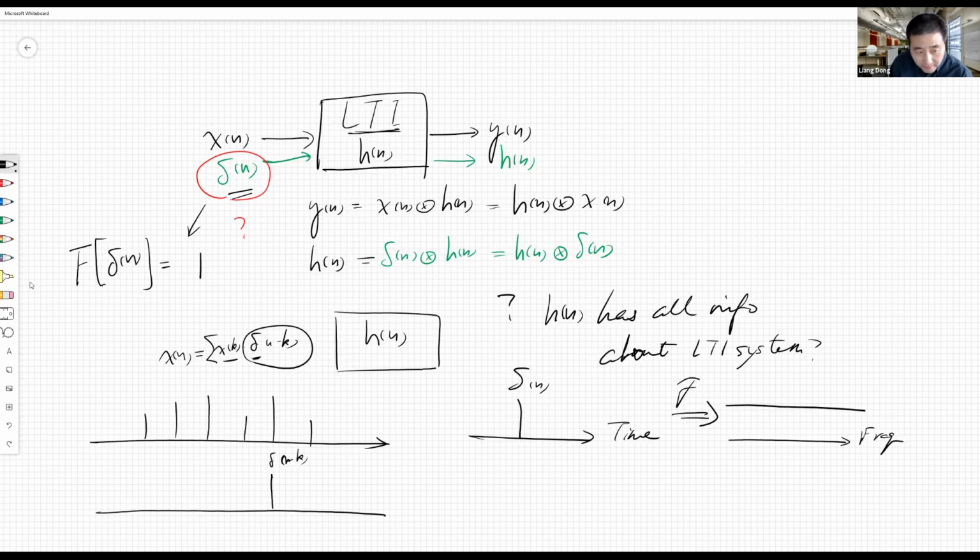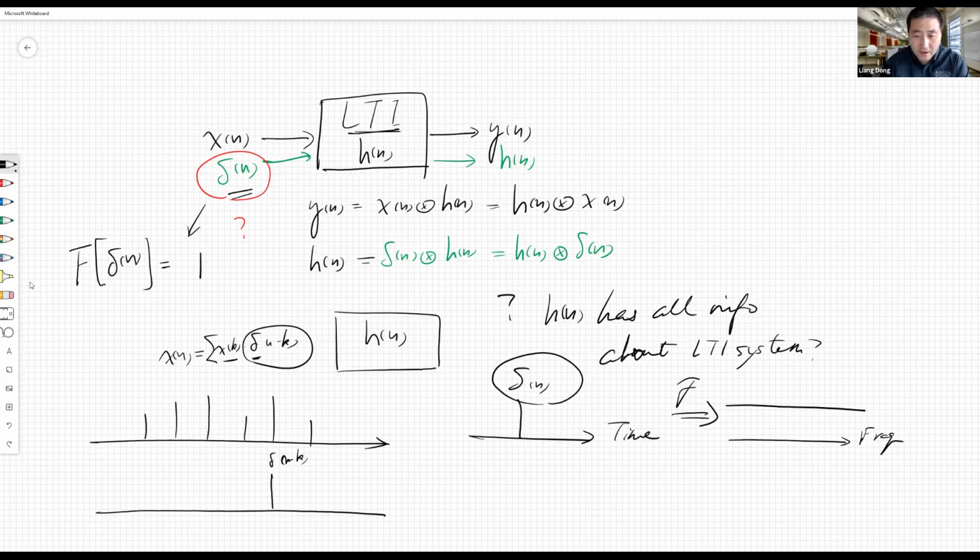It's a constant 1. Therefore, I'm testing the system using all the frequency inputs, and then I know the response to all the frequency inputs, and of course I know the entire system. That's why the delta function is so important. It's just a spike, an excitation, but it covers the entire frequency range.